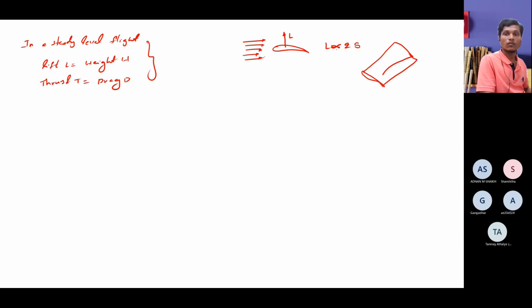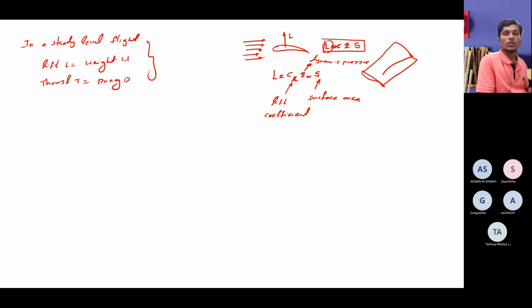That surface area, the combination of these two, will give you the net amount of lift, and the proportionality constant is CL. So L equals CL times Q infinity times S. This Q infinity is the dynamic pressure, this CL is the non-dimensional lift coefficient, and this S is the surface area.